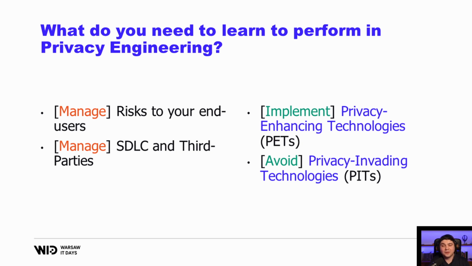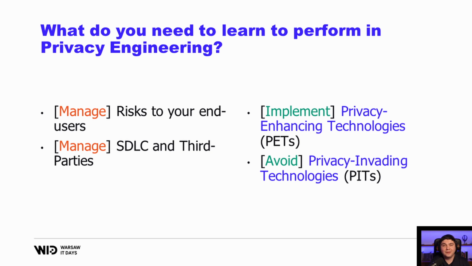The last section, which is strongly tied to privacy by design, is implementation and avoidance. The technical part of that is privacy enhancing technologies. These are the technologies you may want to implement to protect your end users' privacy.